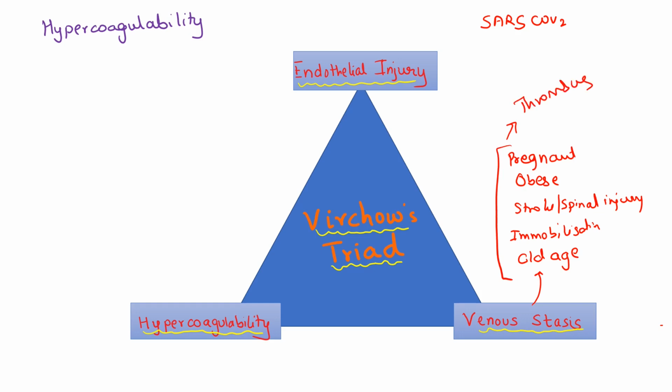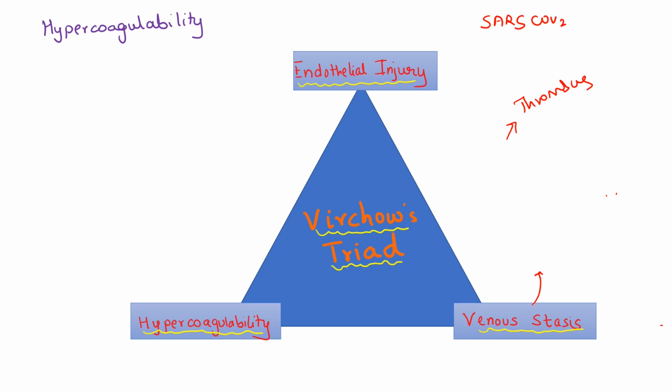Next, before we discuss hypercoagulability, I would like to discuss the coagulation cascade. Now, the coagulation cascade mainly consists of two pathways, the intrinsic pathway and the extrinsic pathway.